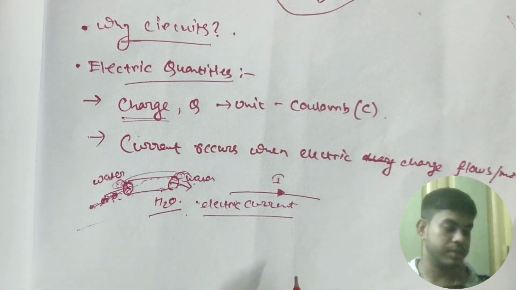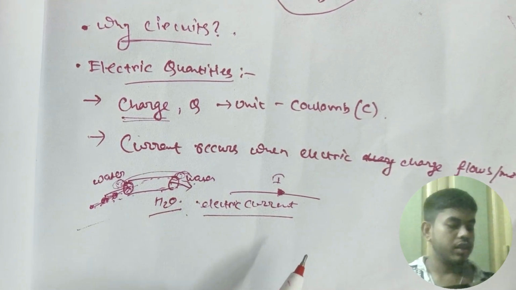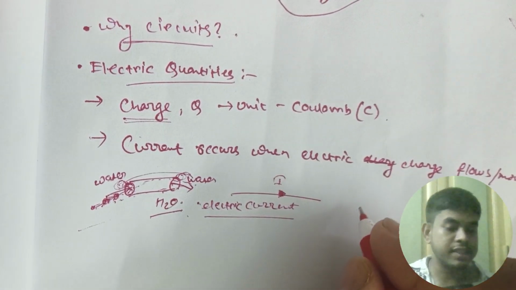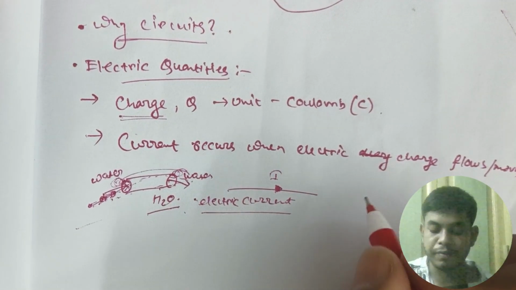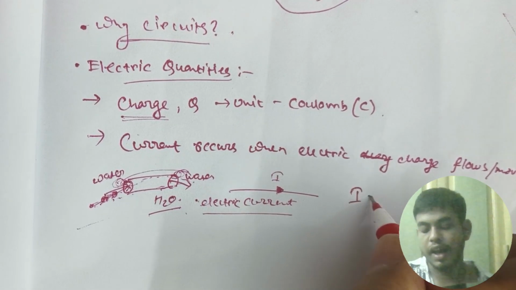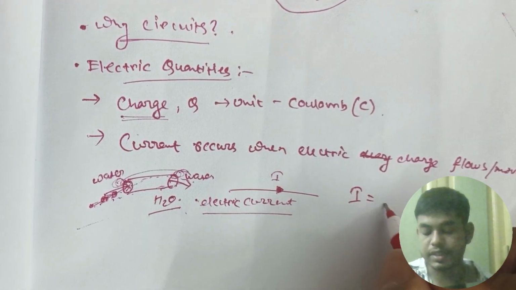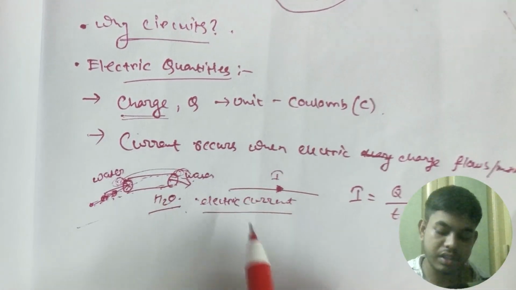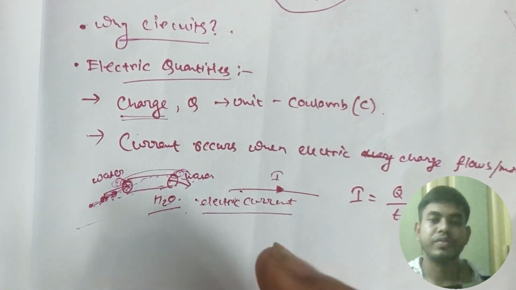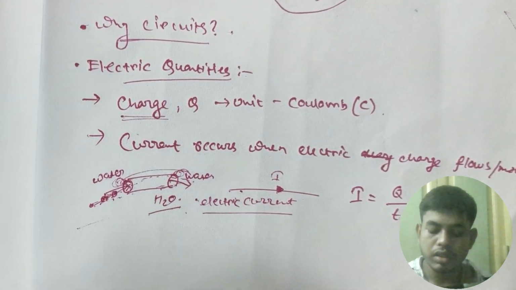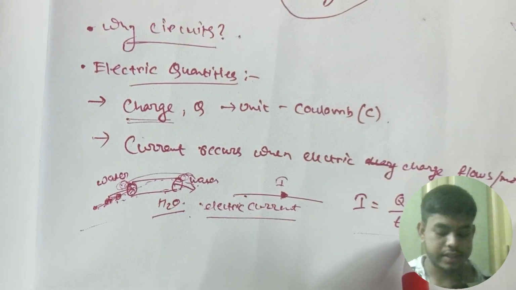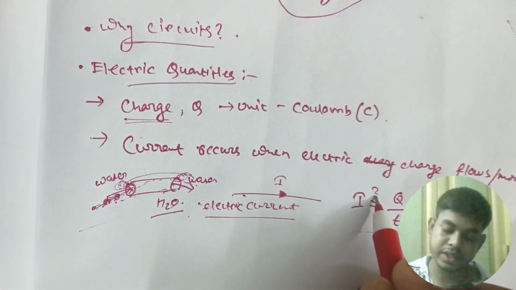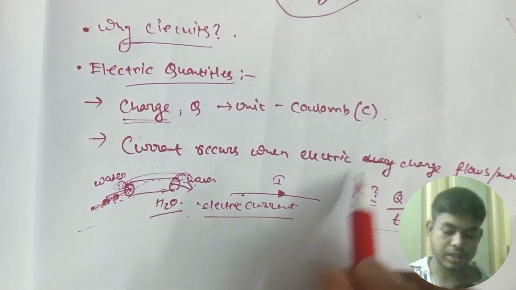Then we say current flows. And so when charges flow in a specific amount of time, let us say I is the definition Q by the time taken to reach from here to here. So is this correct? No. Why? We have given a question mark over this.